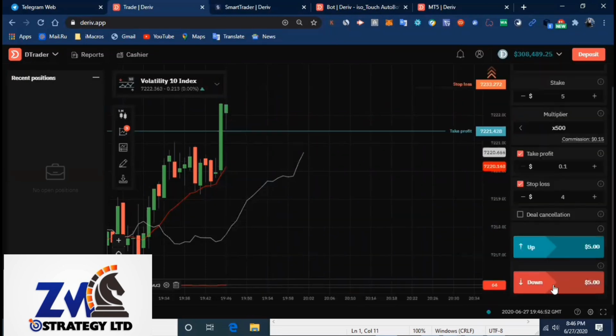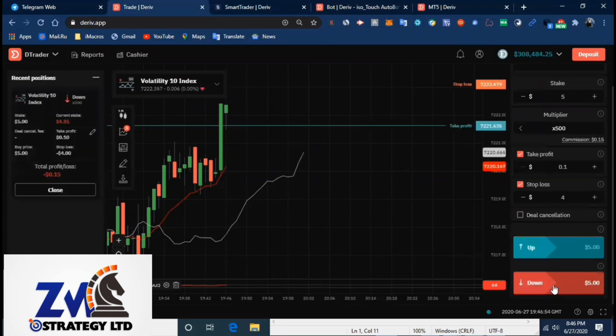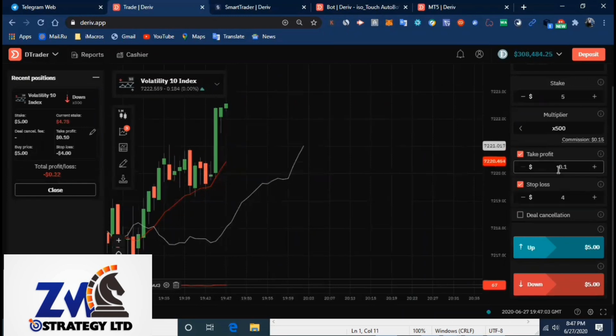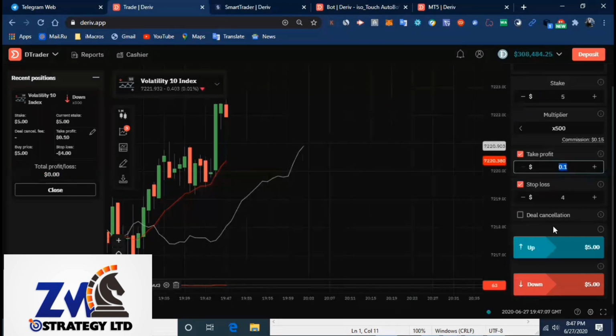So let's take a trade where the market goes down. Let's see if it actually goes down, then we take our profit. Now we are going to see the calculation. We are taking 0.1 as our take profit, and we are using $4 as our stop loss. So let's see if the market goes down a little bit and gets to this 0.1 as our take profit. Let's see how much we are going to get on our balance.